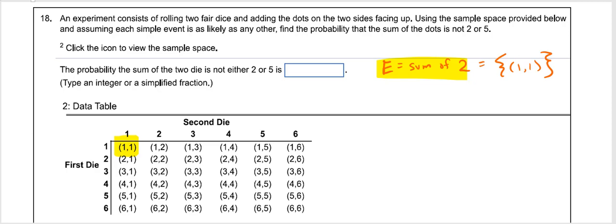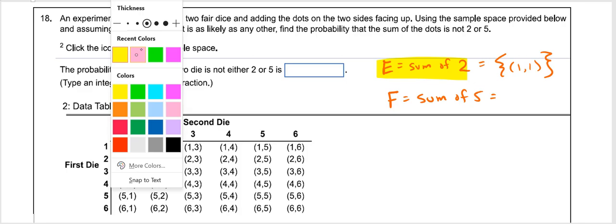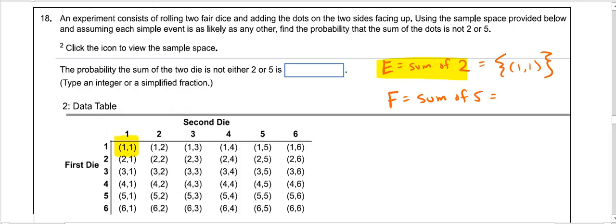Okay. What does the set for a sum of 5 look like? Let's get a different color here. A sum of 5 would be a 1, 4, a 2, 3, a 3, 2, a 4, 1.